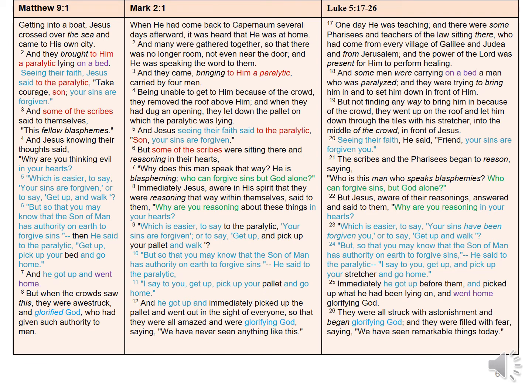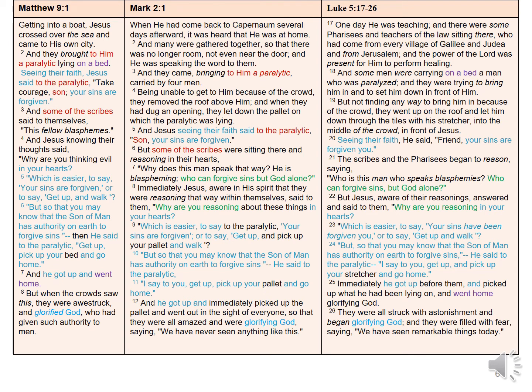So when Matthew says in verse 2 that the paralytic was lying on a bed, and we find in Luke's Gospel on a bed, it just might be that they independently preferred that kind of language. And the other example is in verse 7 in Matthew and verse 25 in Luke, where went home is in purple.